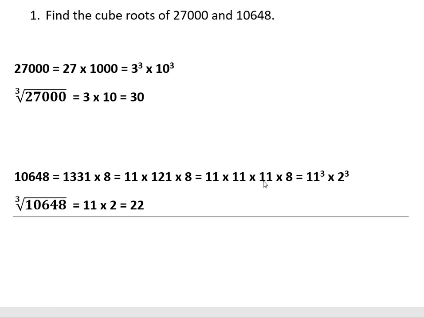So 11 into 11 into 11 is 11 cube and 8 is 2 cube. Similar to the first one, we got the value in the form of cubes. The cube root of 11 cube and 2 cube, the cube root will get cancelled, and it will be 11 into 2. So the answer is 22.